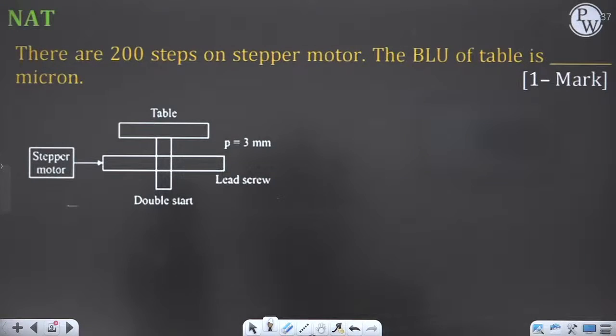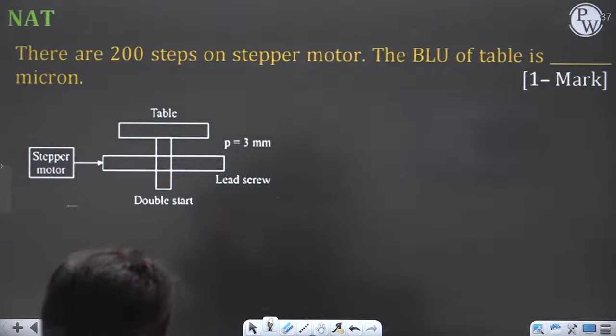Here there are 200 steps on a stepper motor, right? The basic length unit of the table you have to find out. And in the figure it is clear that the pitch is 3 mm and the number of start is double.